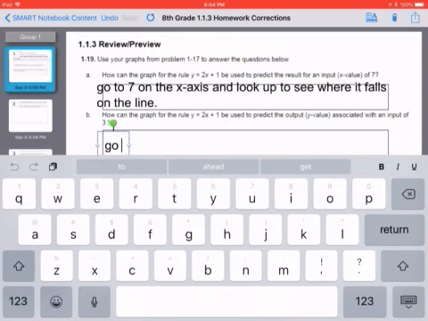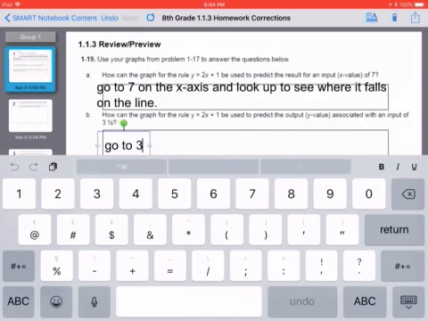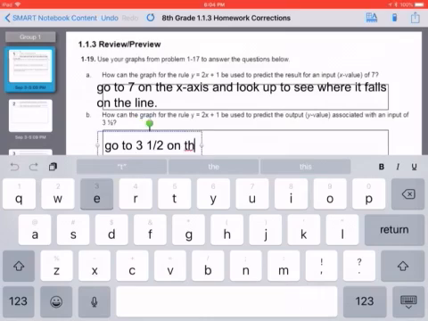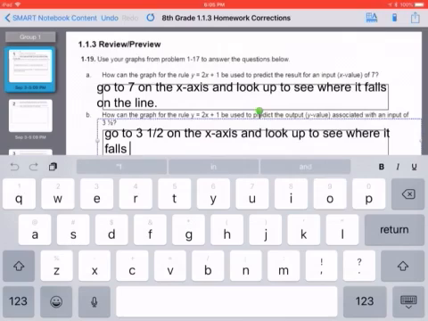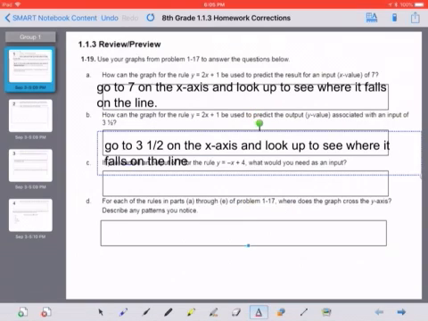So we're going to do the same thing, go to 3.5 on the x-axis, and look up to see where it falls on the line. So it's the same idea. The only difference is that instead of going to 7, we're going to 3.5.